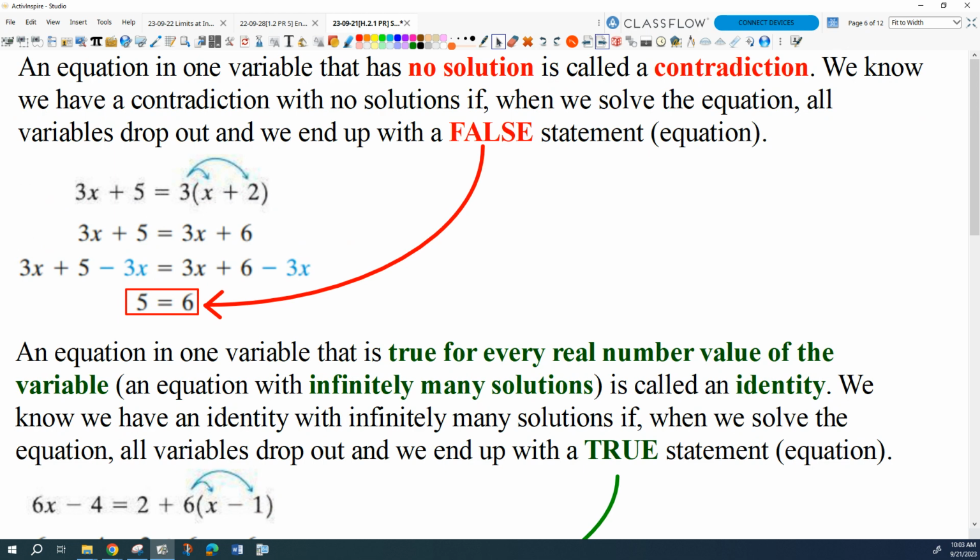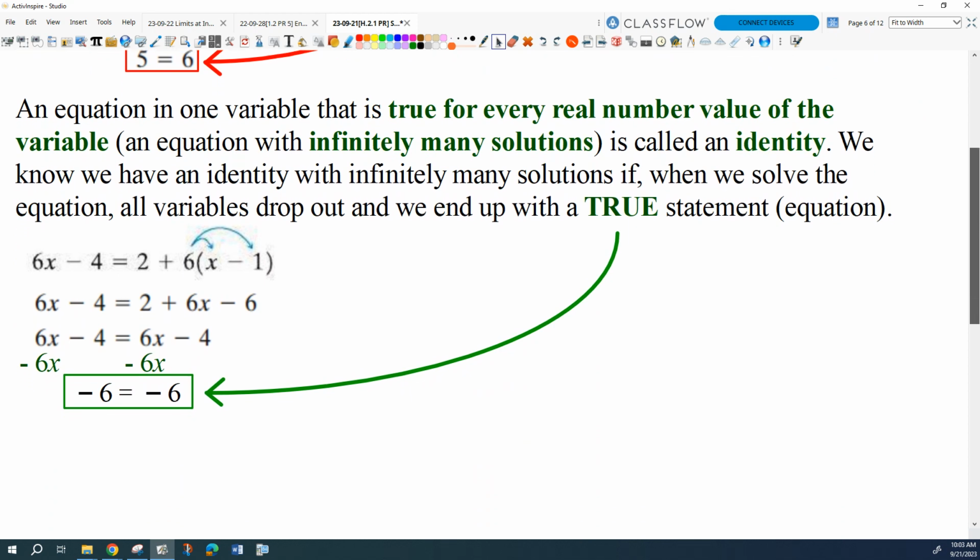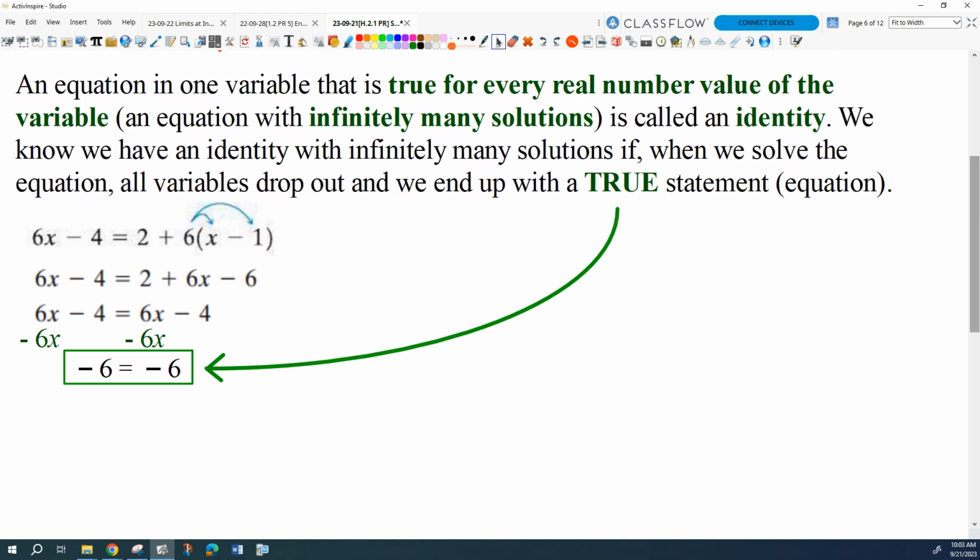If all the variables fall away and you get a false statement like this, then you know there's no solution, it's a contradiction. In the first instance we looked at, the variables fell away and we had a true statement, that means there's infinitely many solutions, all real numbers, and we call this an identity. In math, an identity is something that is always true.